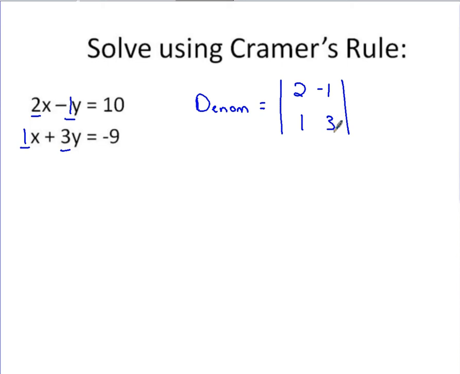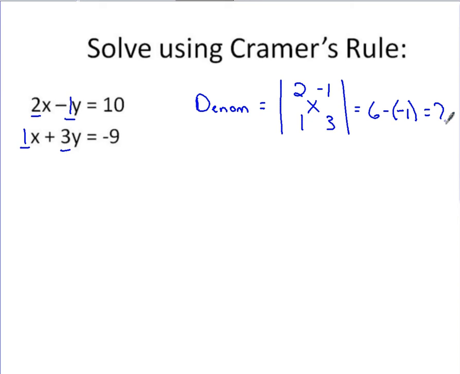Now let's go ahead and evaluate that because it's going to be useful. Cross product here is 6, minus cross product here is 1 times -1, so -1. We're going to get 7 back, right? So our denominator determinant has a value of 7. Now we can put it in its place.